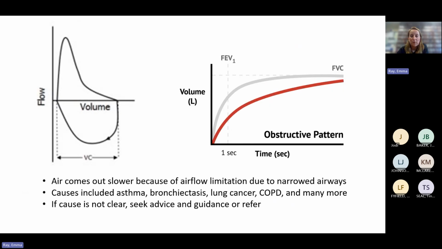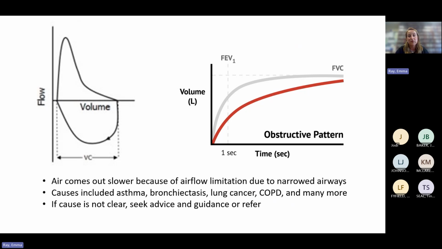And this is just an example of obstruction. Obstruction is basically when, your airway is a tube, isn't it? And if there's something blocking it, then it's going to be obstructed. There could be lots of different reasons for obstruction. There could be some swelling, could be a tumour, in COPD the airways are a bit floppy or damaged.